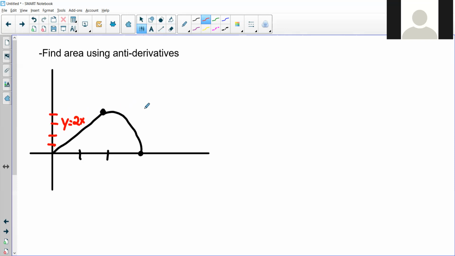And then this part of the equation is going to be y equals negative x squared. Wait a second, let me think. I need this to be 4 at 2.